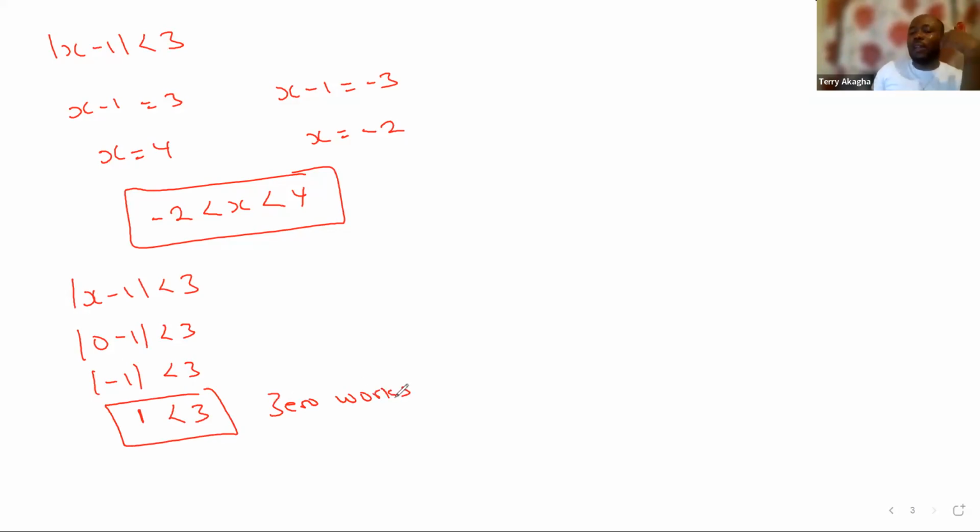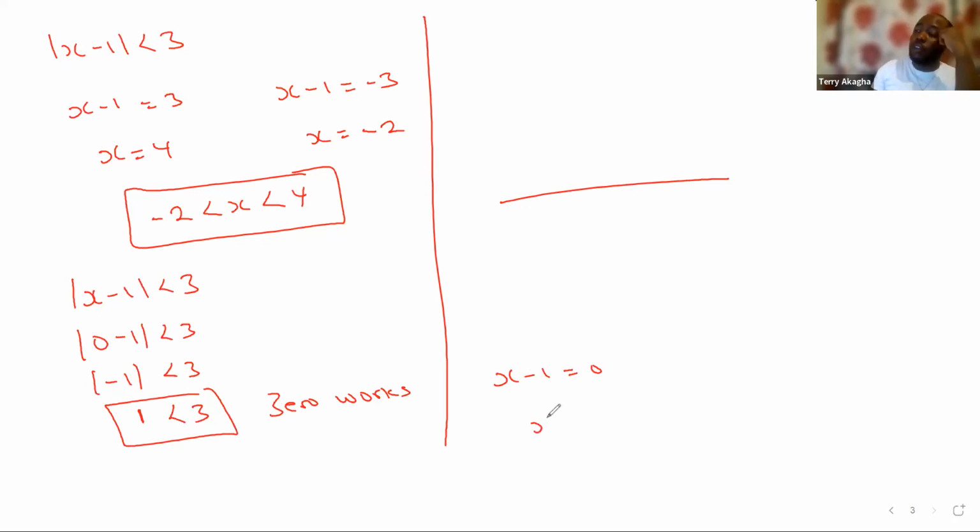All right. Now the next thing as well is that you want to graph it as well. So as usual, to get the point of intersection, x minus 1 is equal to 0. The inequality is equal to 0. So x is going to be equal to 1. So that means if you want to draw it, if this is 0, this is going to be 1, this is going to be 2, this is going to be 3.